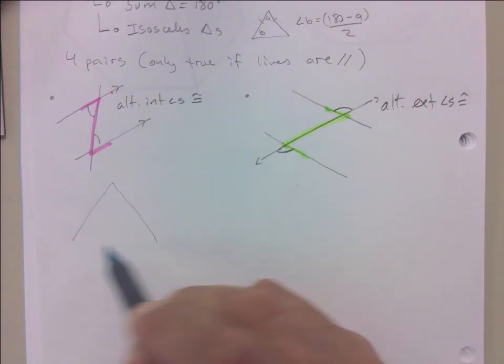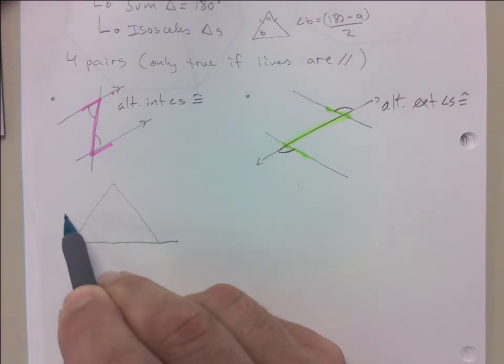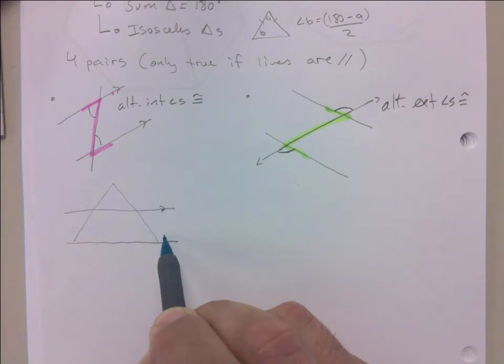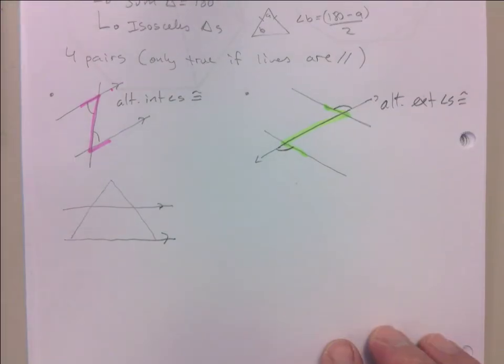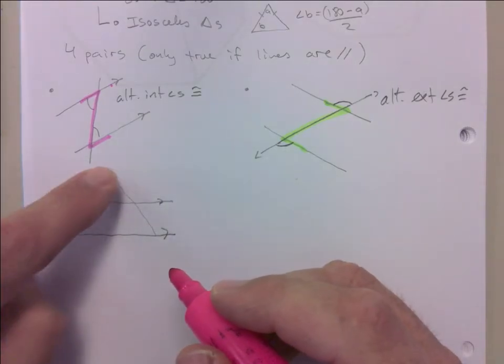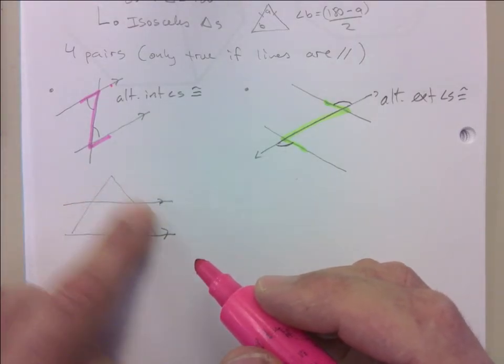Let's throw a triangle into the mix here. You've got 2 parallel lines. There are 2 transversals. Stick with one transversal at a time.